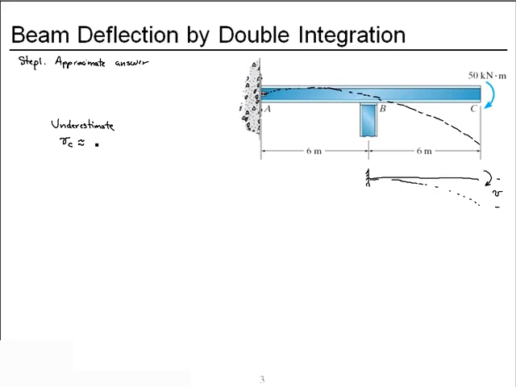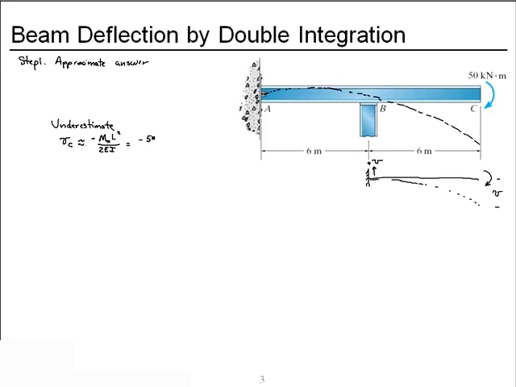So our underestimate of the vertical deflection at C is a minus M naught L squared over 2EI. And it's minus because the figure in the front cover of our textbook has a counterclockwise moment. We instead have a clockwise moment, which means our deflection, which is measured positive as up, is predicted to be down.